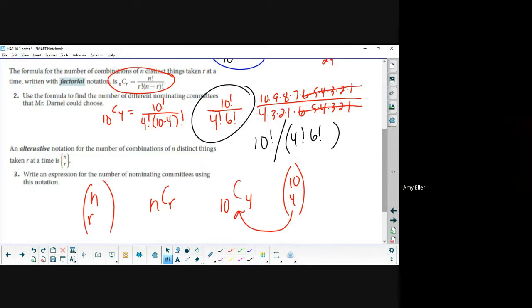Let's see if we can type this in our calculator, which is the same as this. Please type a 10. Go to math again. Over to probability. Look down at your third option. Exactly the notation we've been talking about.